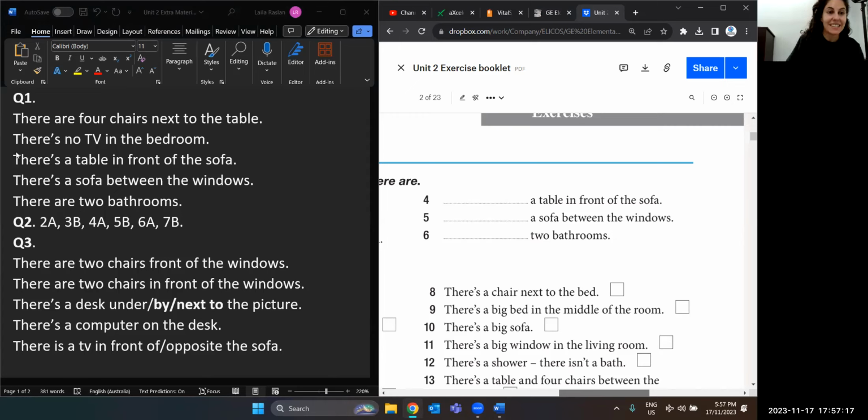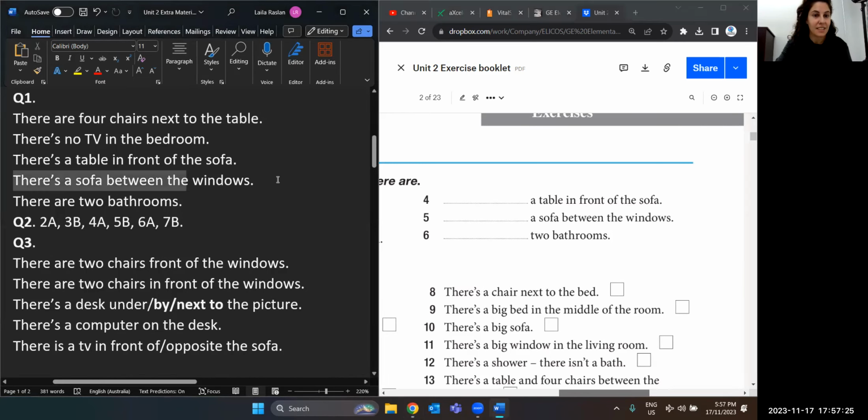Yeah, there's a table in front of the sofa. Number 5. Good. There's a sofa between the windows. So we're talking about the noun, making sure we know if it's singular and plural, and then where is its location? Between the windows. And the last one, bathrooms. There are 2 bathrooms.